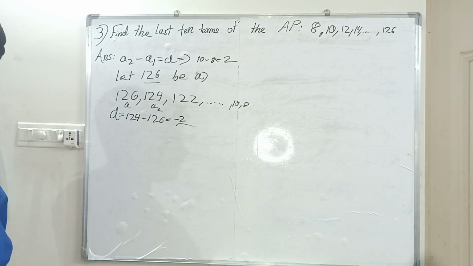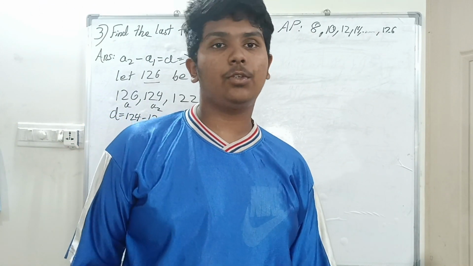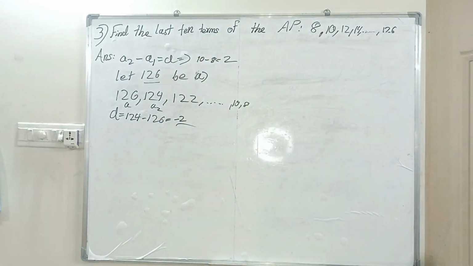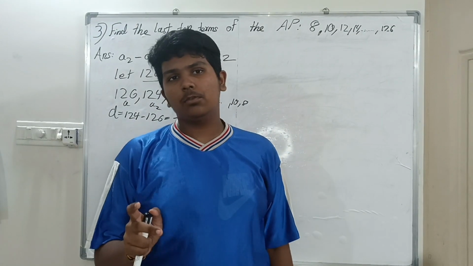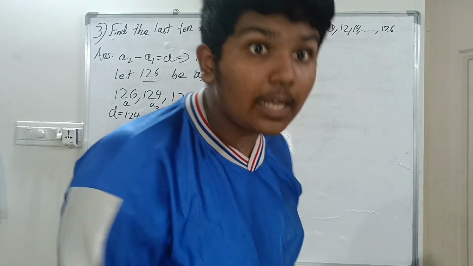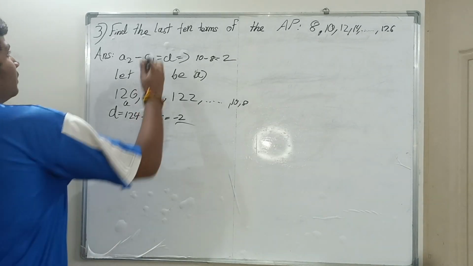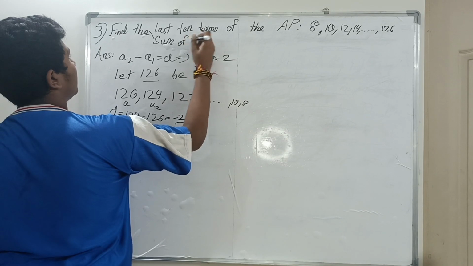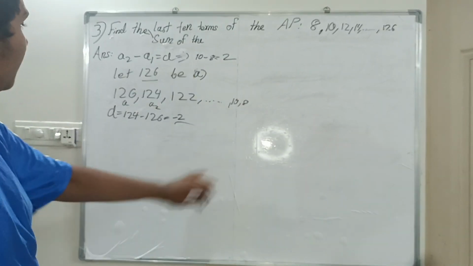Now we are asking AP, right? So what should we do in this? One second. So we should find the sum. So how are you going to find the sum? Sorry, the question was find the sum of the last 10 terms of the AP.